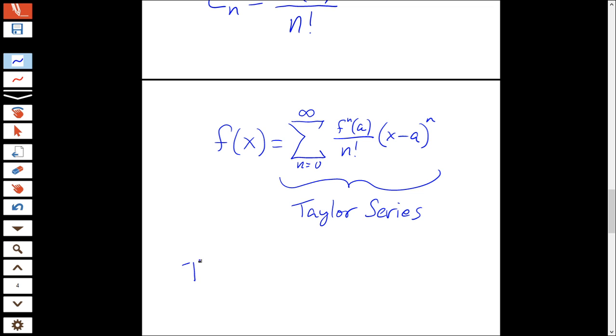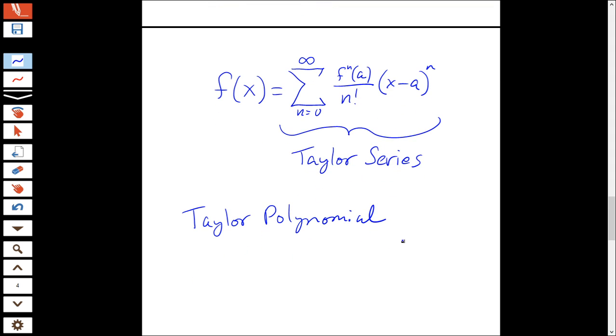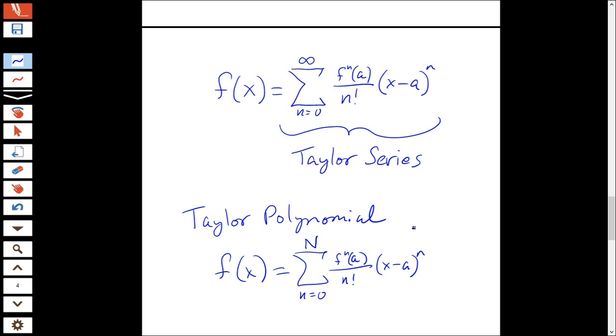So a Taylor polynomial would be the sum to the nth. That would be the nth degree Taylor polynomial.